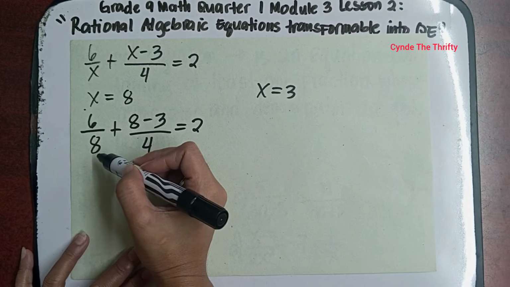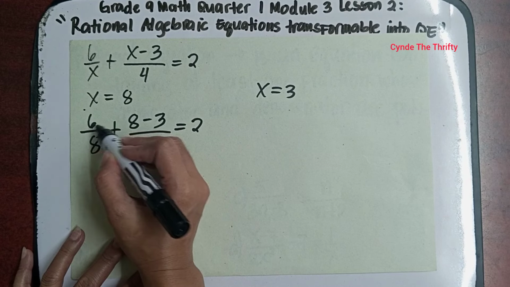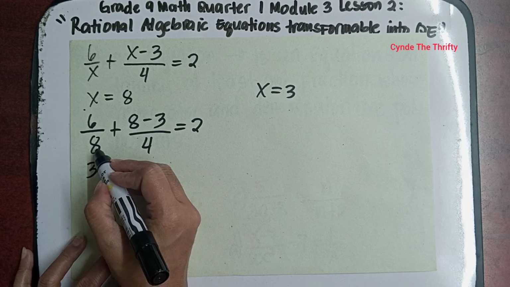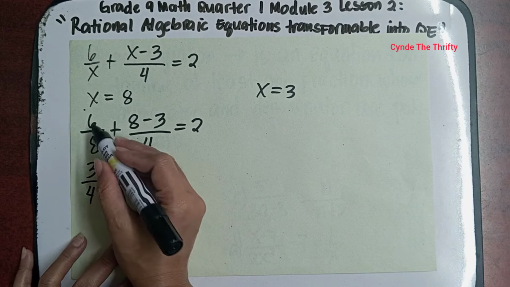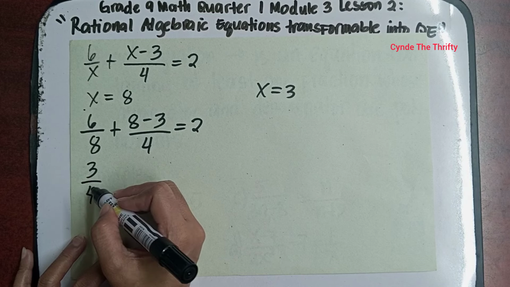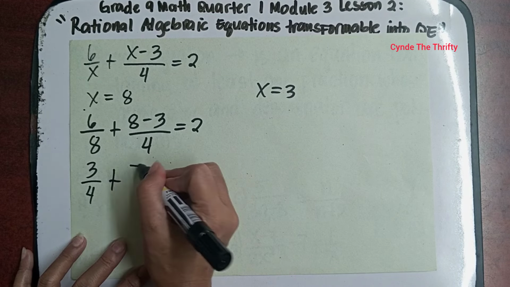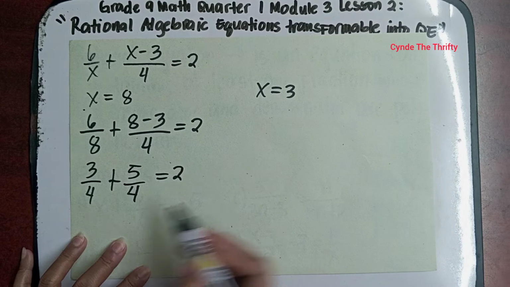I-reduce natin siya into lowest term. So, pwede silang ma-divide pareho sa 2. So, 6 divided by 2 is equal to 3, and then 8 divided by 2 is equal to 4. So, ni-reduce natin siya into lowest term. Si 6 over 8 is naging 3/4, plus 8 minus 3 is equal to 5 over 4 is equal to 2.